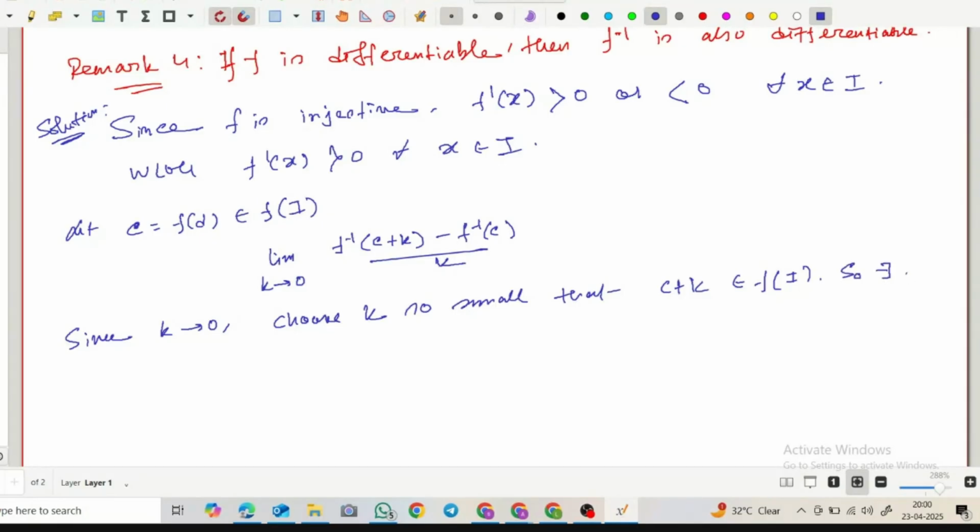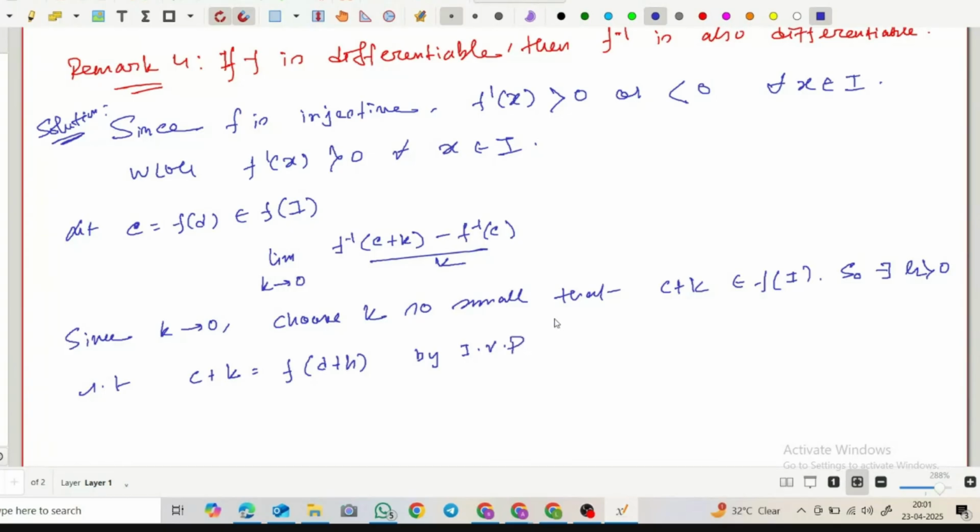So there exists h greater than 0 such that c plus k is nothing but f of d plus h, by IVP, right?